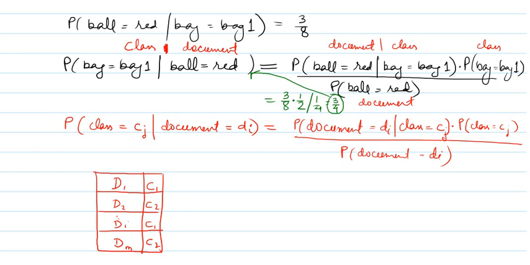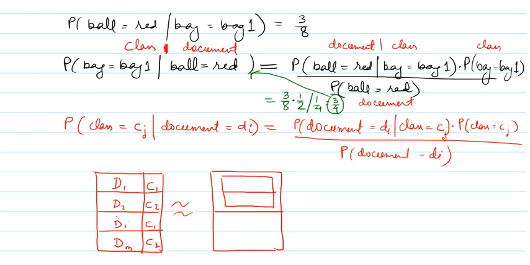How we can calculate? We just put these documents in a bag, the same bag and ball problem. We make a bag of class 1 like this. This is the class C1, and this is the document D1, this is the document D2, and this is again another bag.